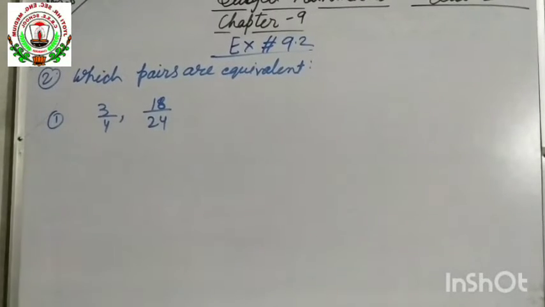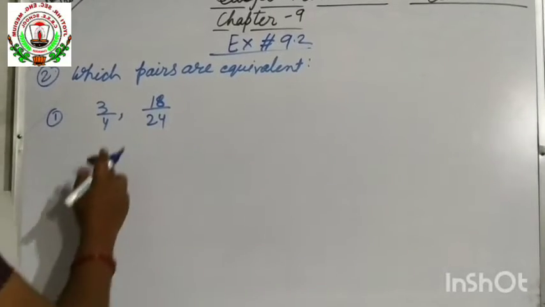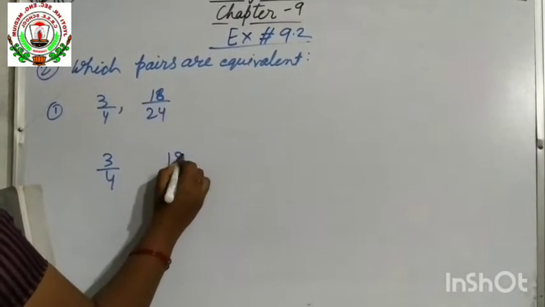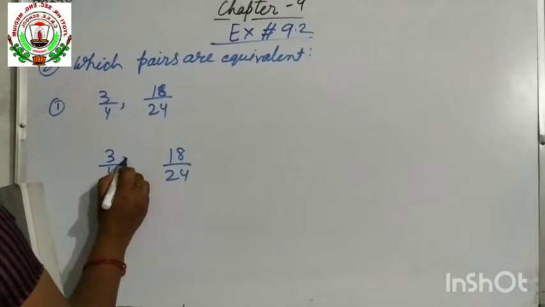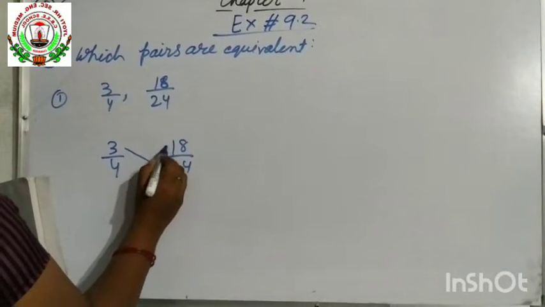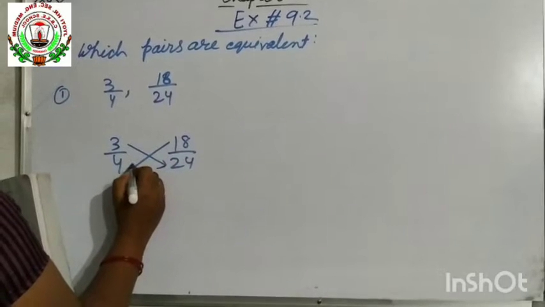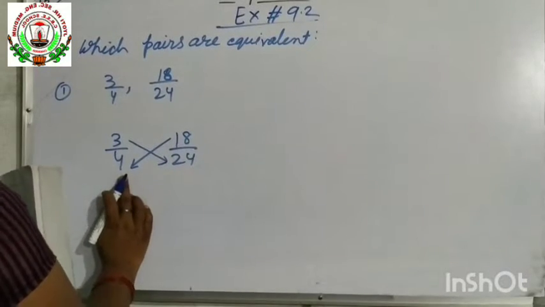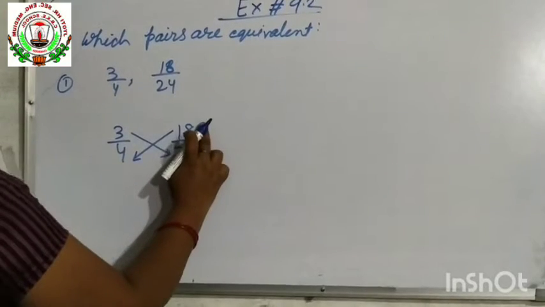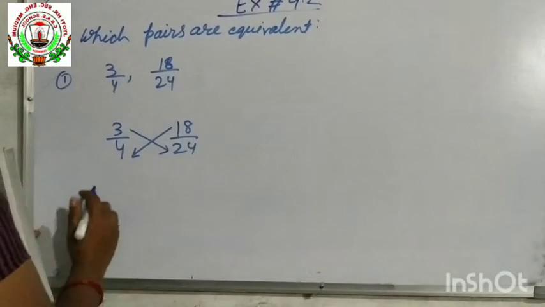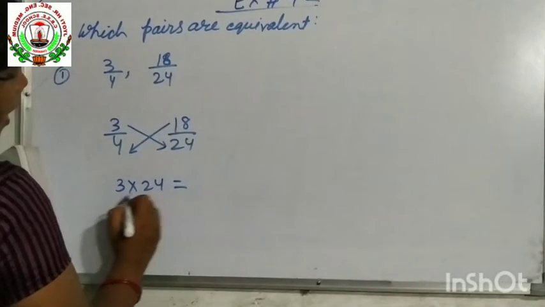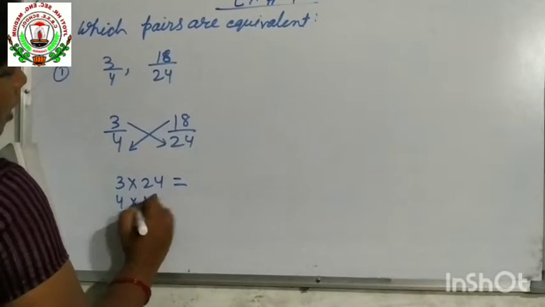For finding the equivalent, what will we do? First we will cross multiply the given fractions. This numerator you will multiply with the denominator of the second fraction, and this number we will multiply with the denominator of the first fraction and the numerator of the second fraction. Now 3 into 24 and 4 into 18.